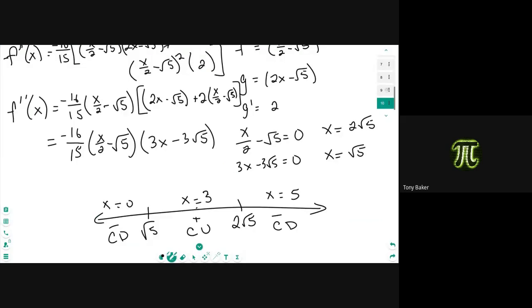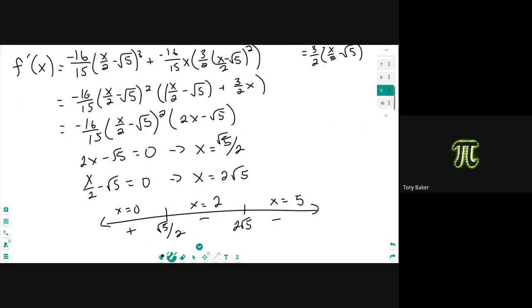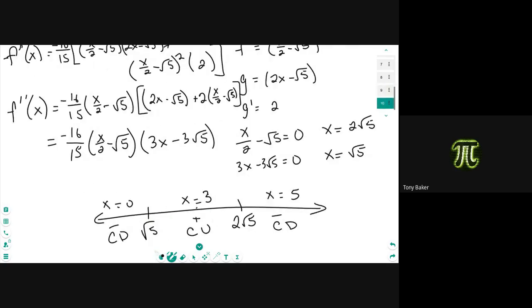And then at that point, at square root of 5 over 2, it goes to decreasing, but it's still concave down. At square root of 5, it does what? It switches to concave up, but it's still decreasing. And then after 2 square root of 5, it switches to concave down, but decreasing.